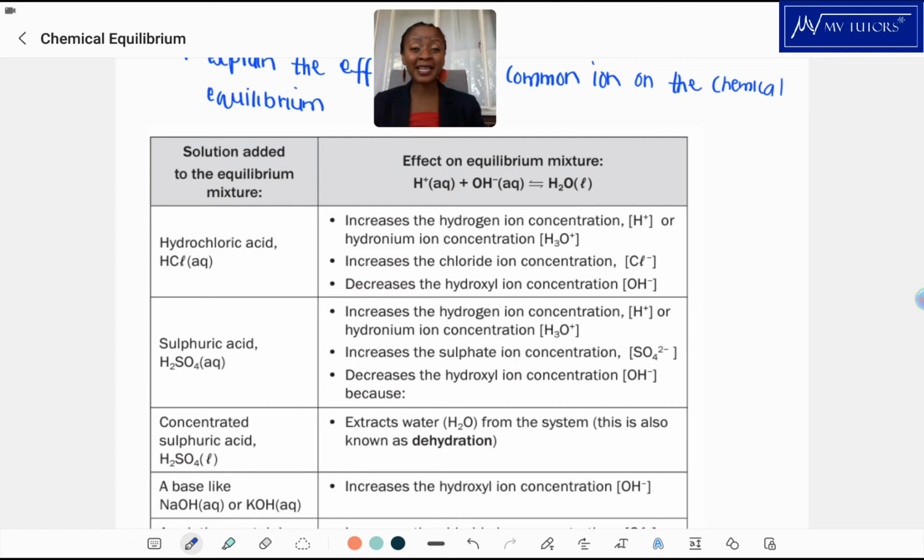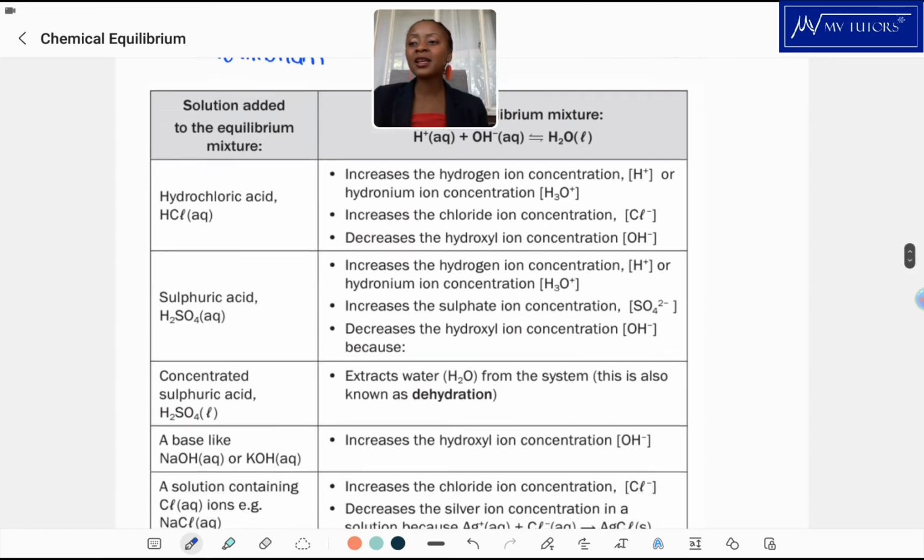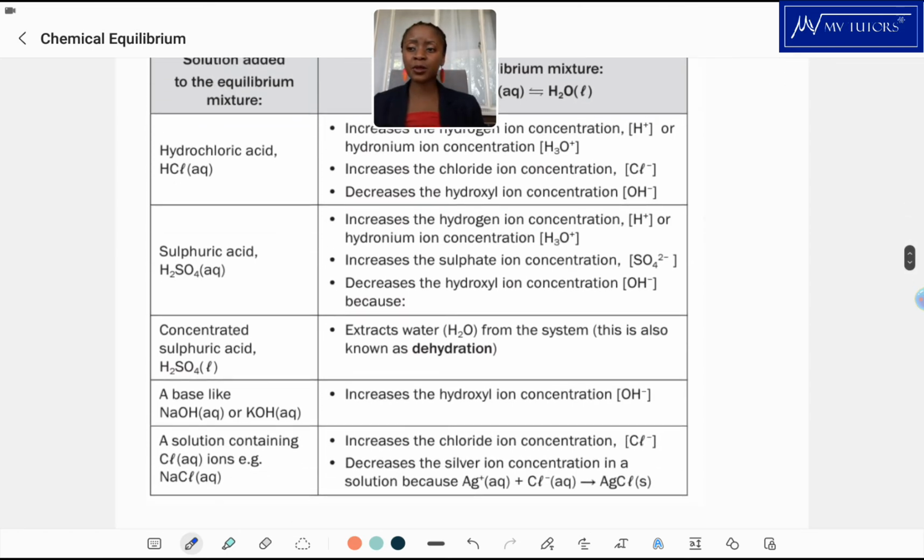You'd also see in some organic reactions sodium hydroxide. They would either say diluted sodium hydroxide or concentrated sodium hydroxide. And what effect does that have? If you add to the solution a base like sodium hydroxide or potassium hydroxide, it increases the hydroxyl ion concentration.